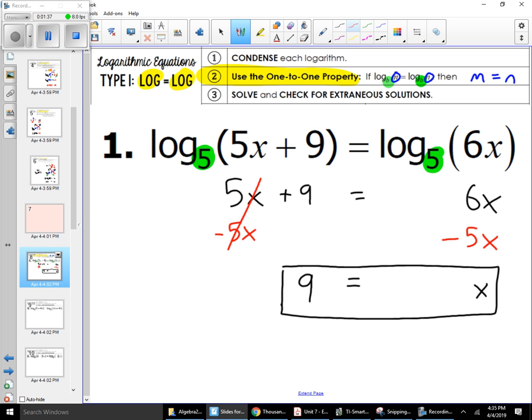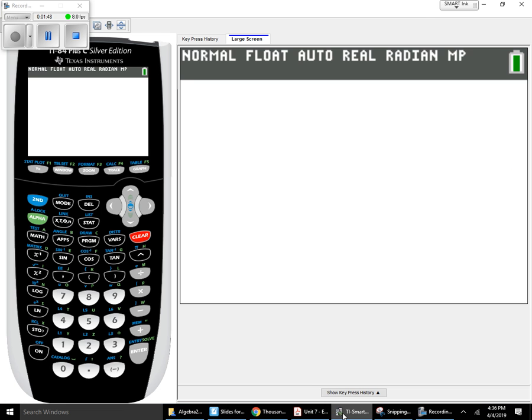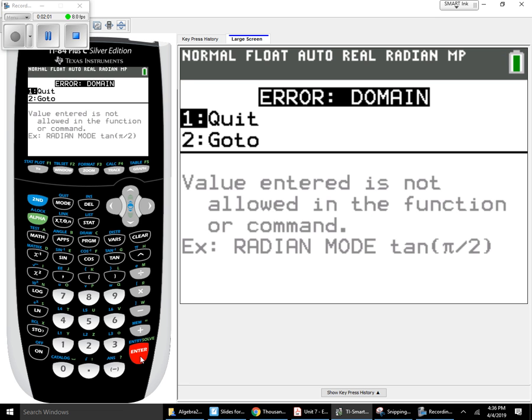Now we want to check for extraneous solutions, and this is where things can get tricky. Our third step here, checking. I want to show you why checking for extraneous solutions is important for logarithms. Note that if I take a log, and this is just a log base 10, a plain old boring log, and I try to put a 0 into that logarithm, I get a domain error.